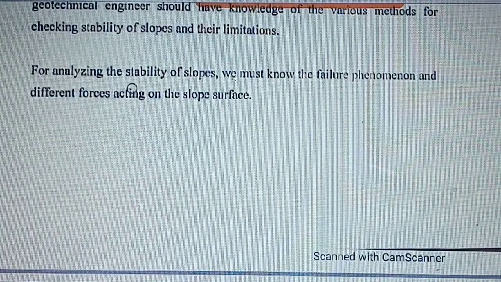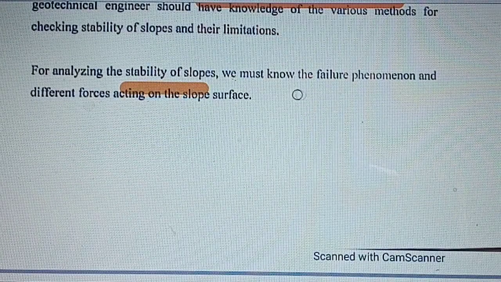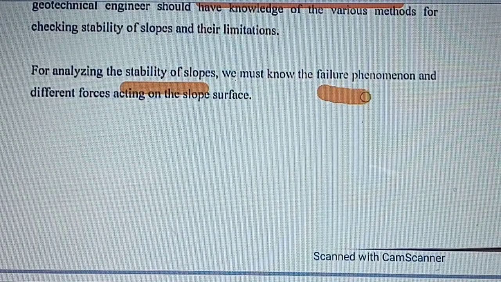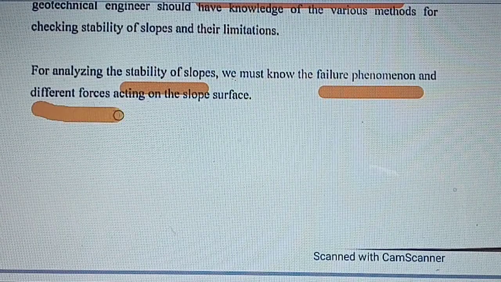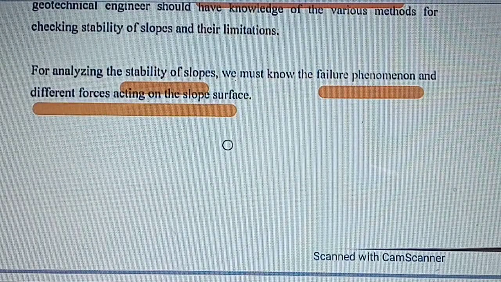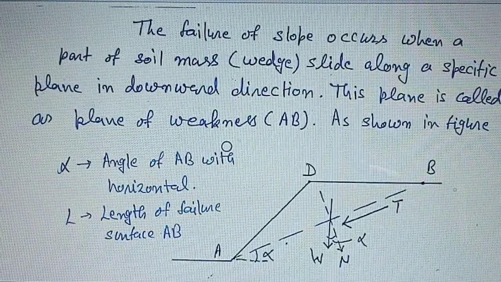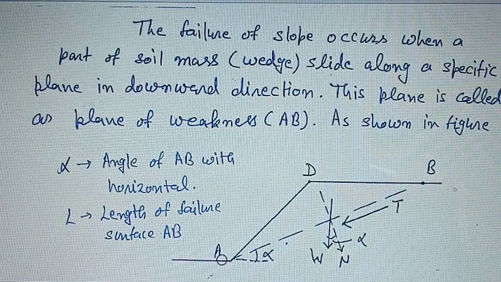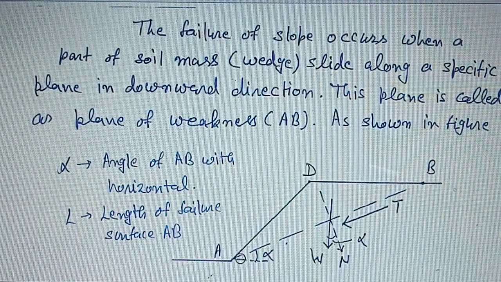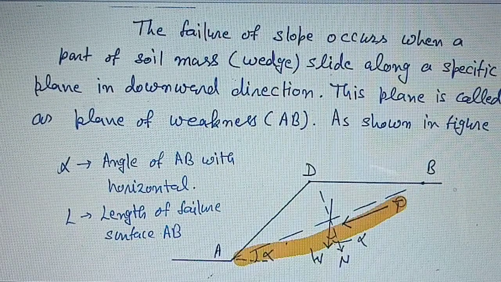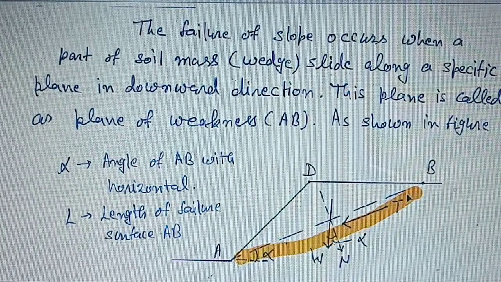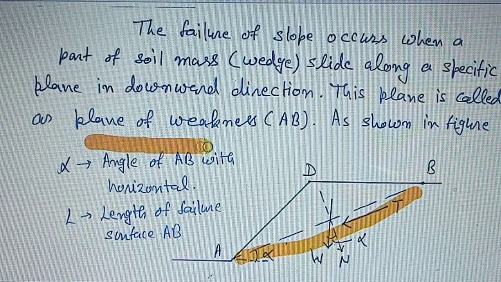For analyzing the stability of slopes, we must know the failure phenomena and different forces acting on the slope surface. Consider this figure. In this figure, AB, it is the slip surface or the plane of weakness.